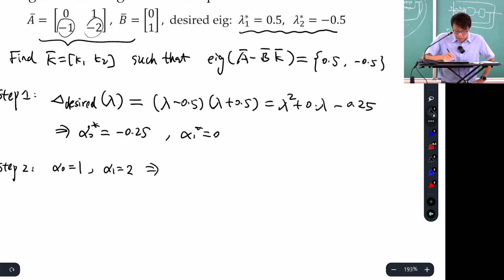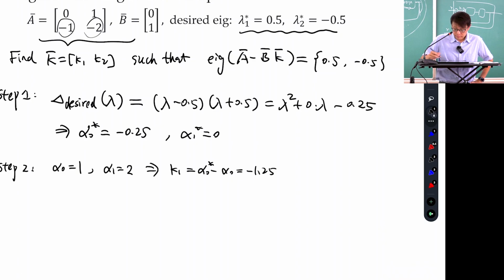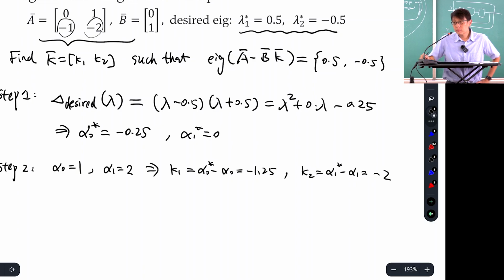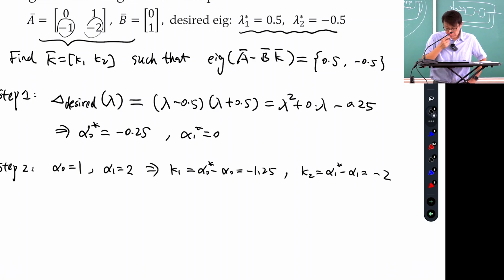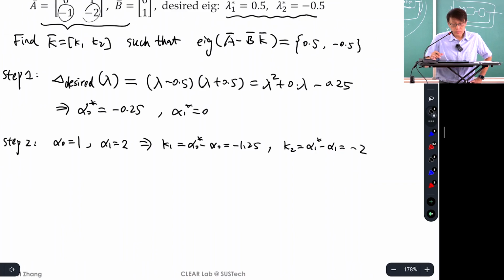So overall, I would say K1 has to be equal to alpha 0 star minus alpha 0, which is negative 1.25. K2 is alpha 1 star minus alpha 1. Alpha 1 star is 0, alpha 1 is 2, so this is negative 2. Okay? I hope that's fine.